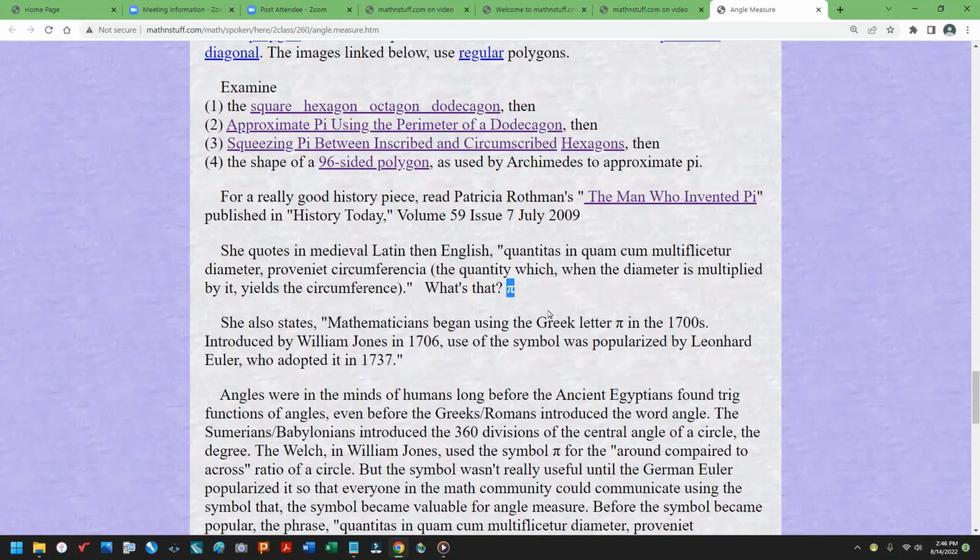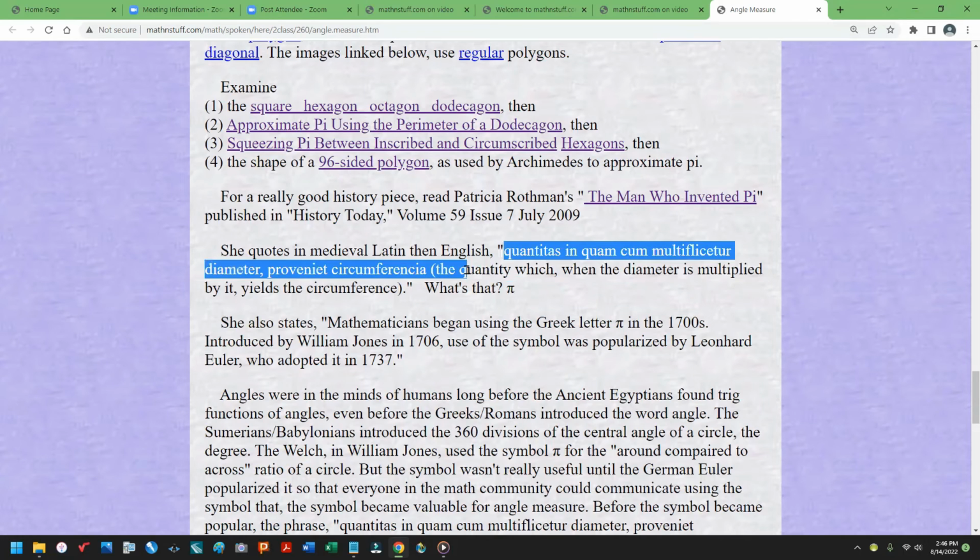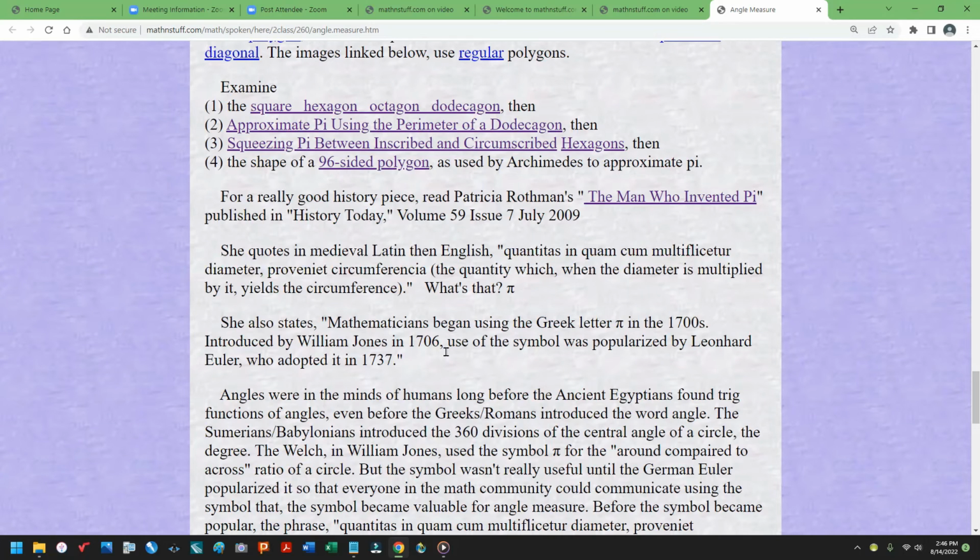The idea was known for centuries. The words were used after many centuries, but the scholars knew what the words meant. But the Greek symbol pi was introduced by William Jones in 1706.